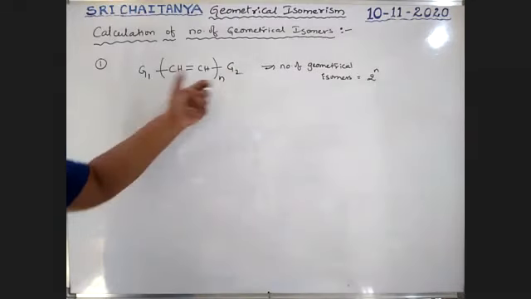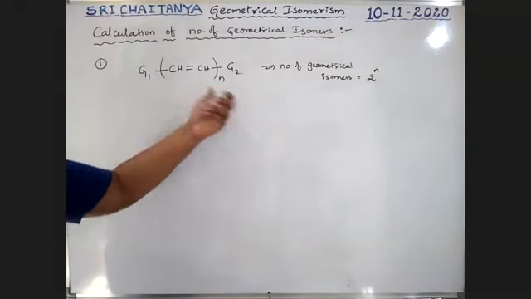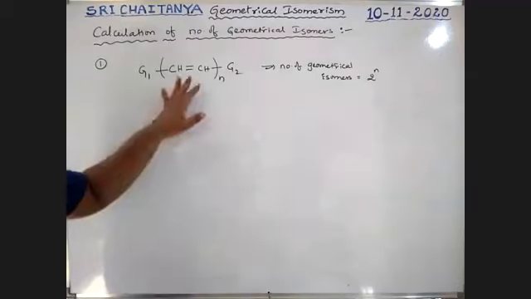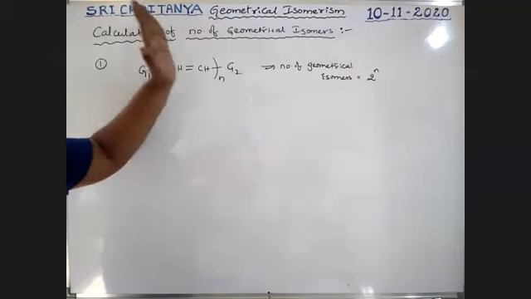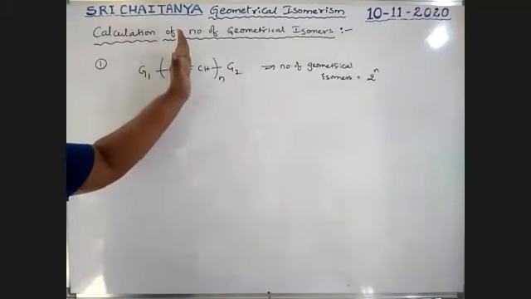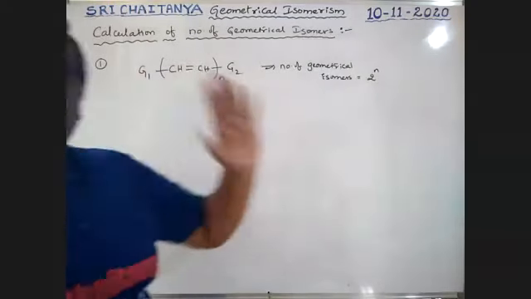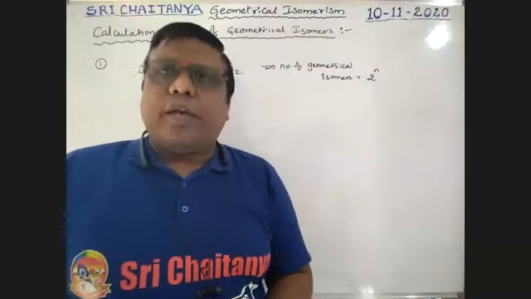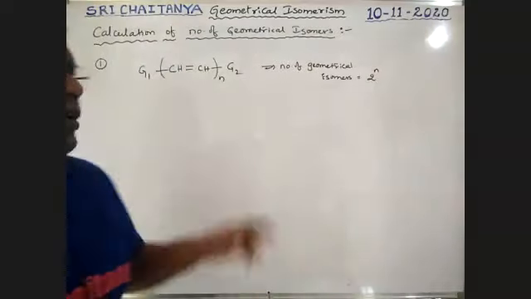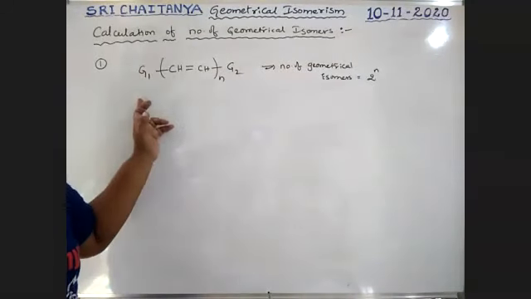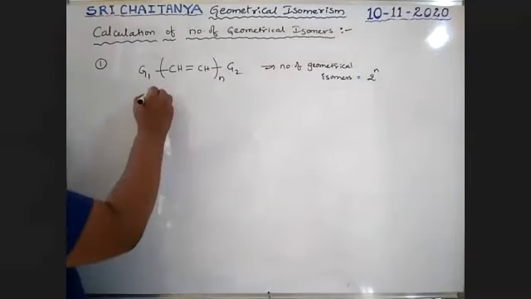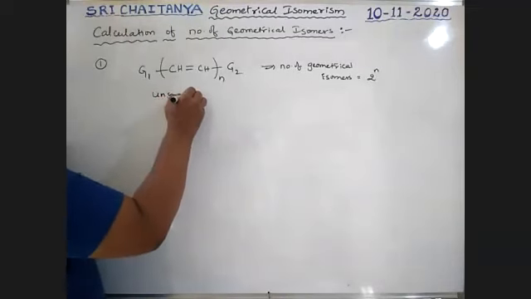That means if terminal groups are not same, it is an asymmetric molecule, boys. It is an unsymmetrical molecule. If you cut a double bond, two non-equal groups are coming out. Let us discuss with an example. So if these two groups are not same, it is an unsymmetrical molecule, boys.